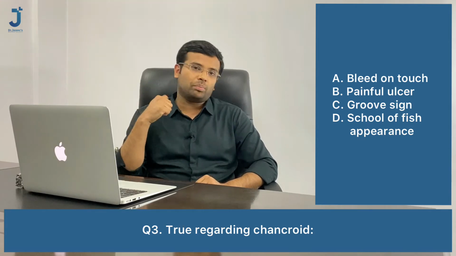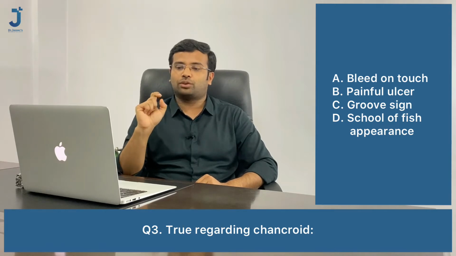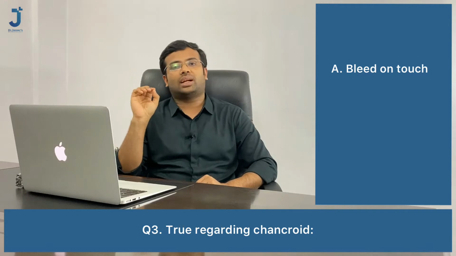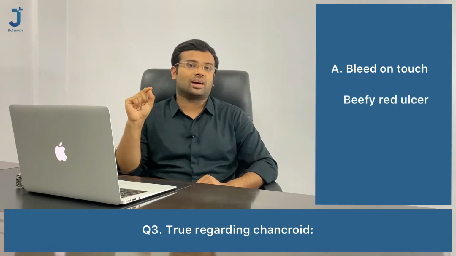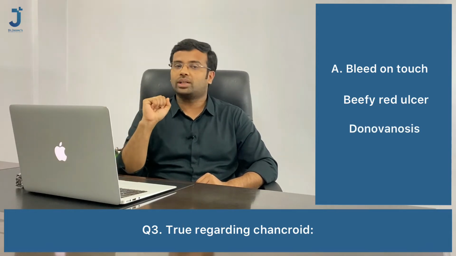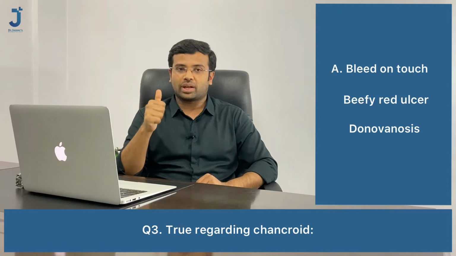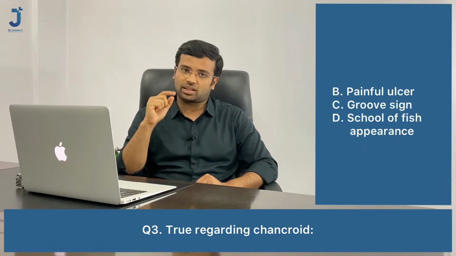So option B is correct. Now let us go option by option. The first option, bleeds on touch. Which is that genital ulcer that bleeds to touch? The answer is beefy red ulcer that bleeds to touch is seen in donovanosis, not in Shankroid. So option A is not correct. Option B, that is painful ulcer, is a correct option.